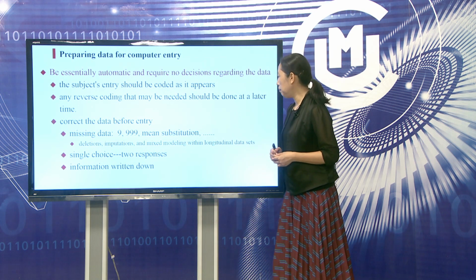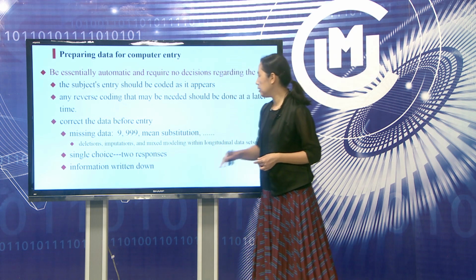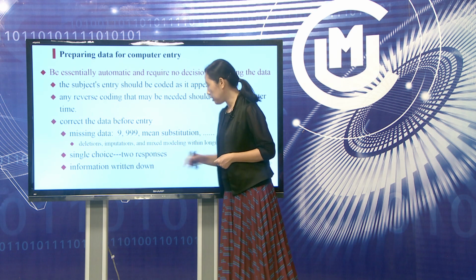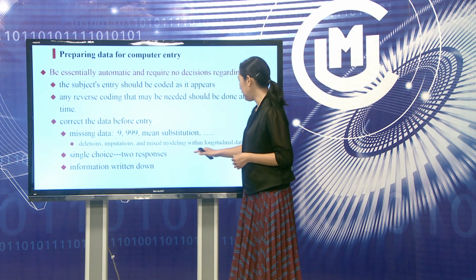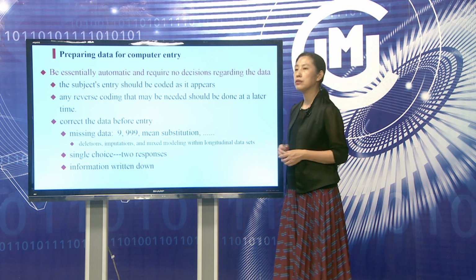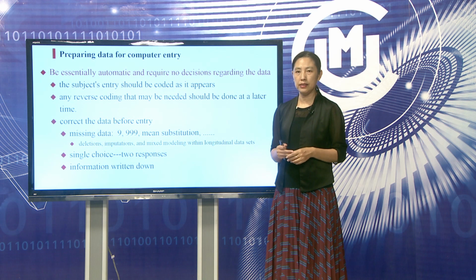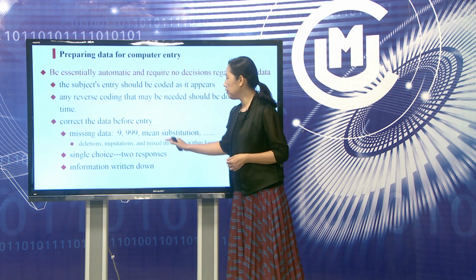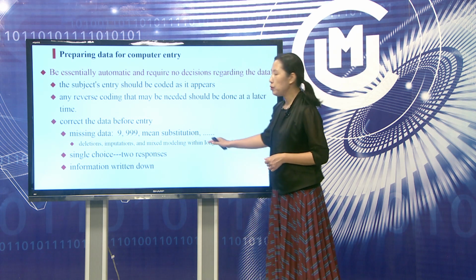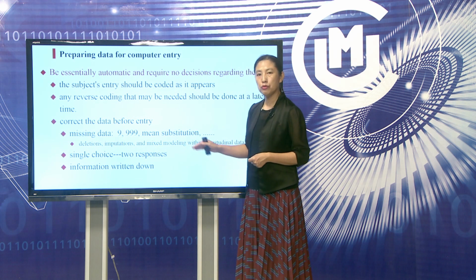Usually for missing data, there are several principles. The first one is deletion, the second one is imputation, and the third one is mixed modeling with longitudinal data. I will give you an article talking about missing data replacement, so you will see how to deal with it. But there are some principles, and you need to state which principle you want to follow.